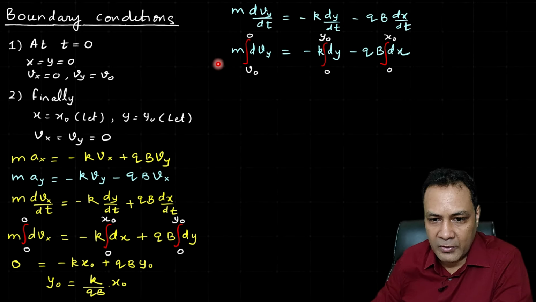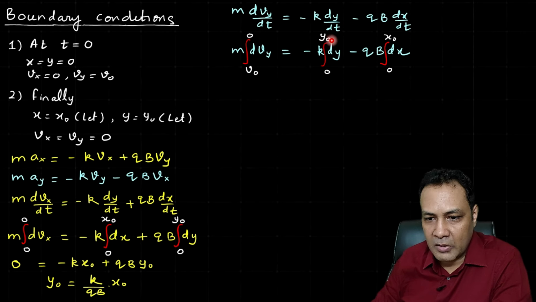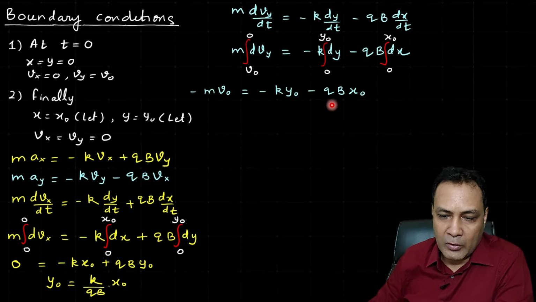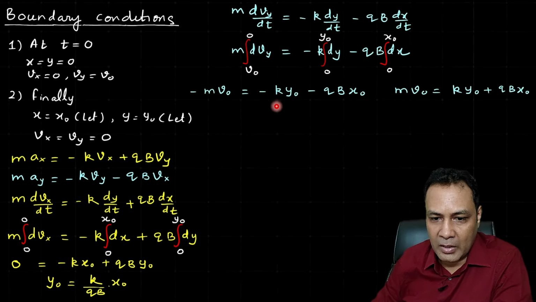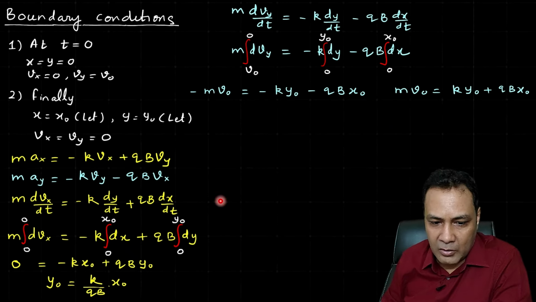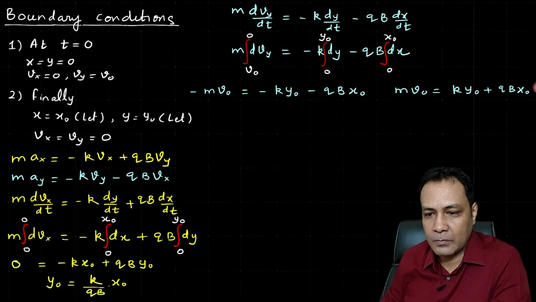So now integrate it. This integration would be m into minus V naught, that would be minus ky naught, that would be minus qB x naught. So just make all positive, so that would be mV naught is equal to ky naught plus qB x naught, and we can put the value of y naught from here into this equation.